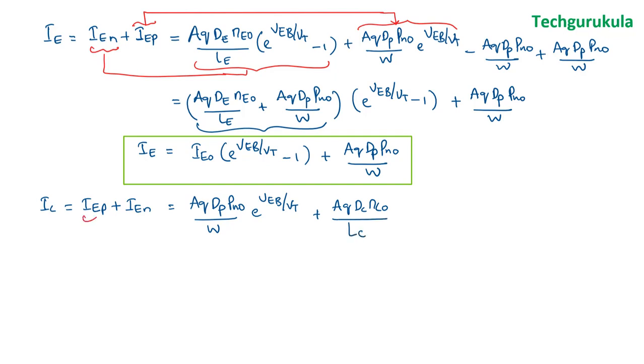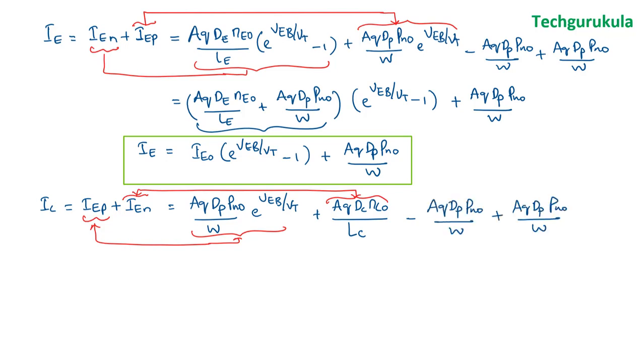Of course, here this term is equal to this term that we have derived, and this term is equal to this term. Now we are going to subtract and add a term, which is this term.